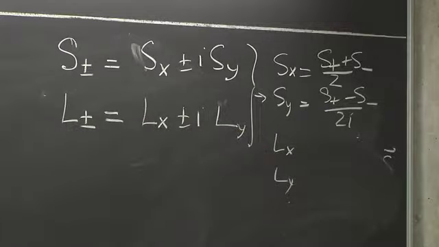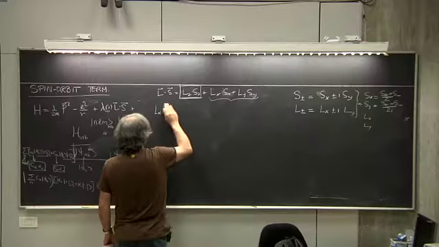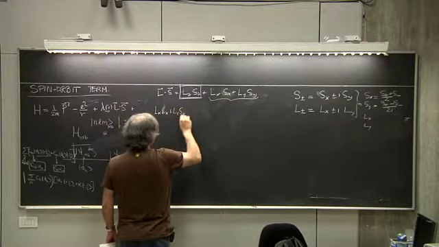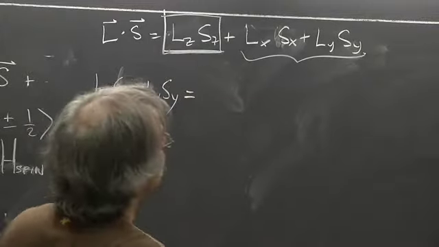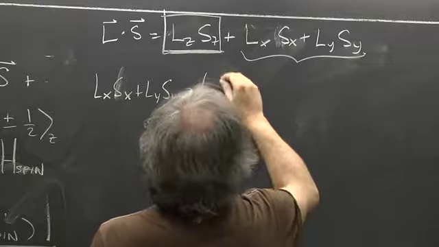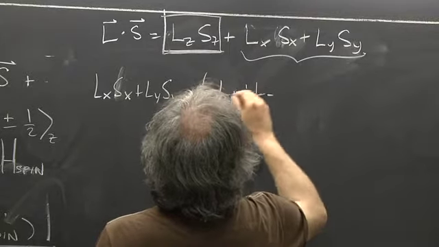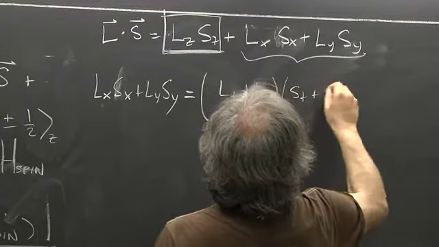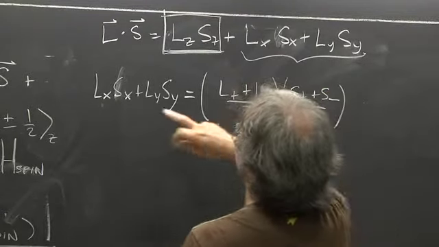So let us write these objects. Lx Sx plus Ly Sy is equal to (L plus + L minus) over 2, from here, times (S plus + S minus) over 2, from here.